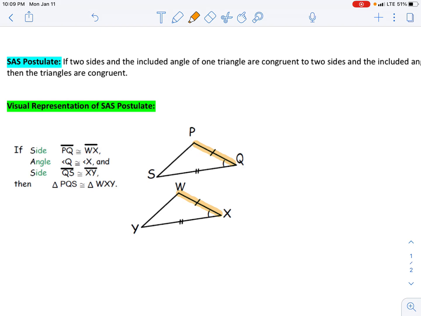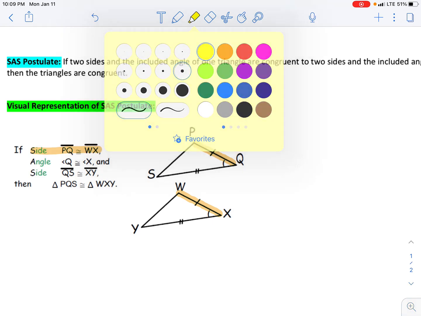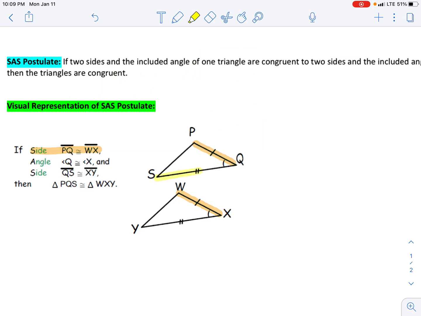Looking at these triangles, PQS and WXY, since there's one tick mark for side PQ and one tick mark for side WX, those two sides are congruent. Then we also notice that side SQ has two tick marks, and so does side YX. That means those two sides are congruent to each other.